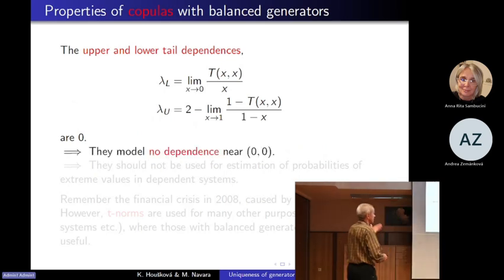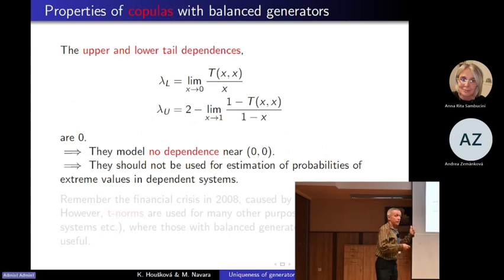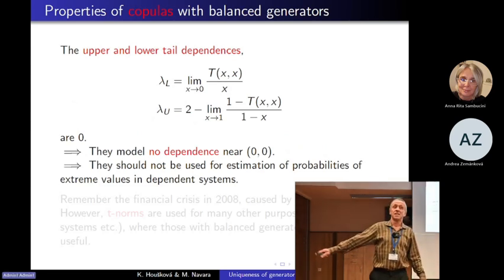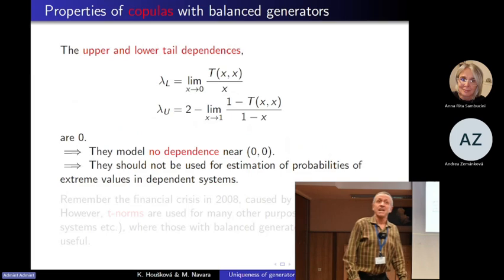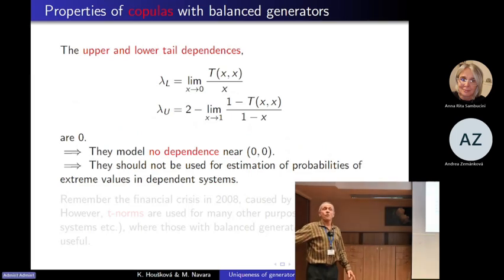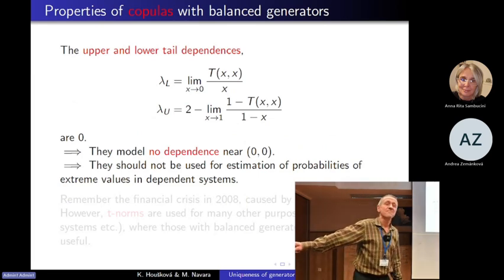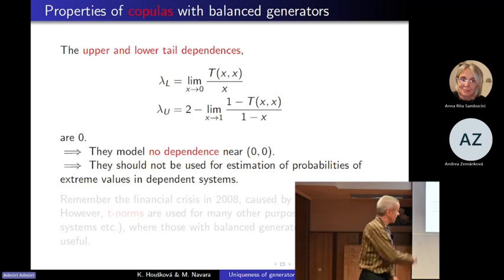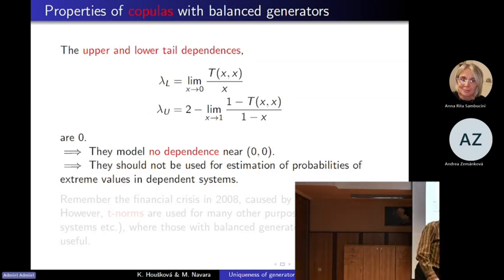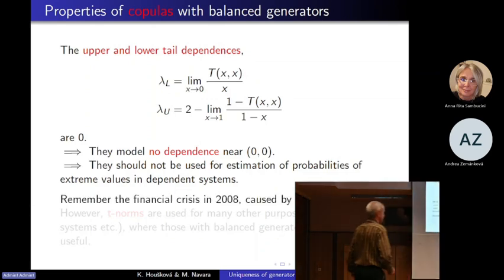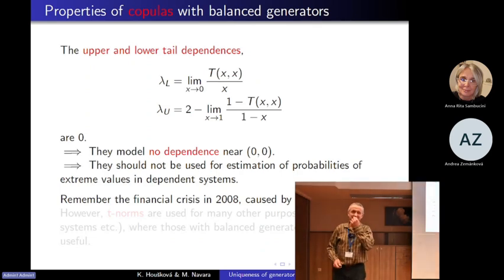What does it mean? If you try to estimate the probability that two random variables achieve extremely low values, your model considers them like independent, which is really bad. The crisis in 2008 was caused by this ignorance.